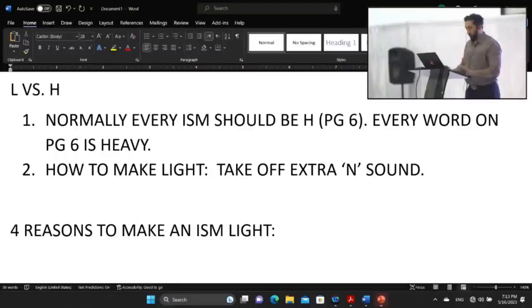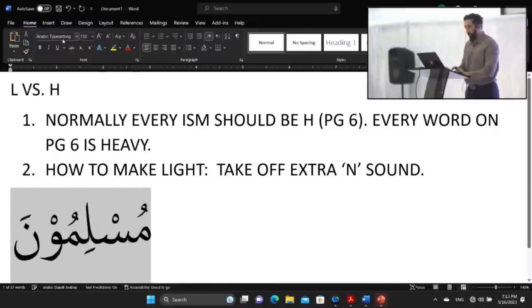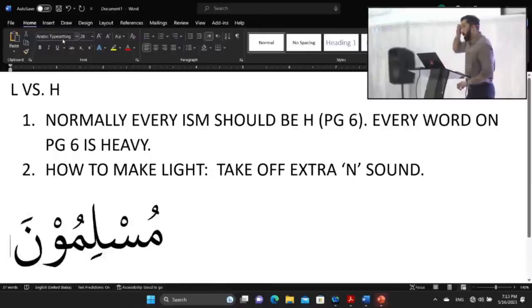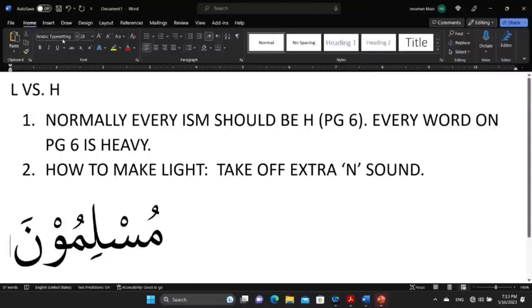Okay, so watch this, just as an experiment. Muslimuna. Do you see an extra N sound? Where's the extra N sound? So the light version of this will be what? Muslimu. The noon is gone.